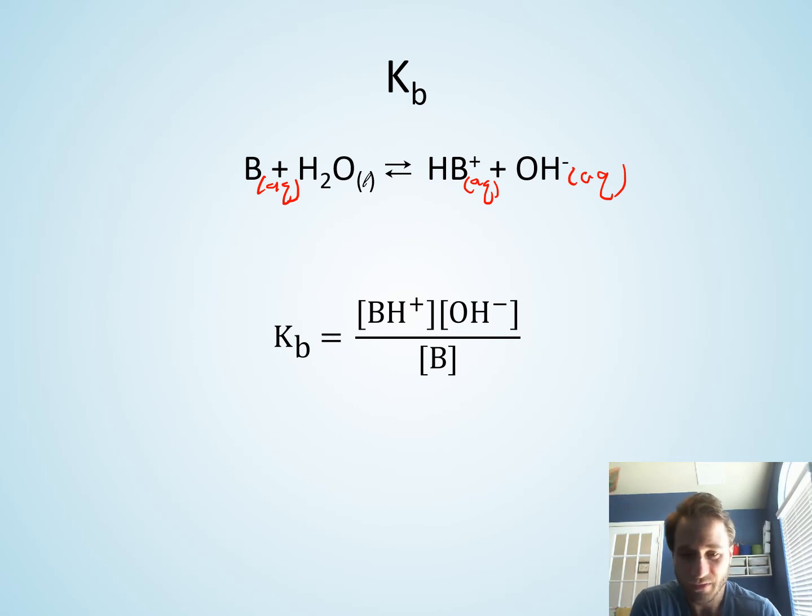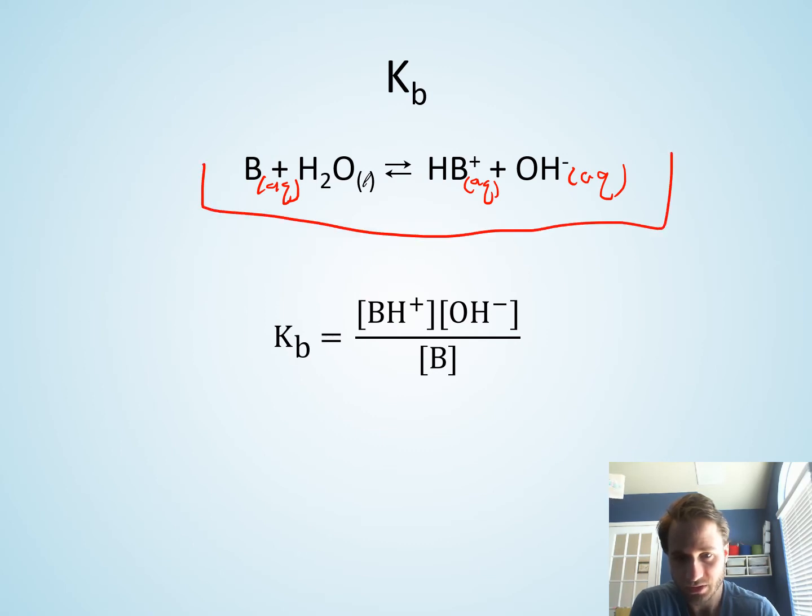But even if you don't memorize any general form, just remember that when we talk about equilibria, the equilibrium constant is just products over reactants. This is our equilibrium reaction, and we just derive that equilibrium constant from that.